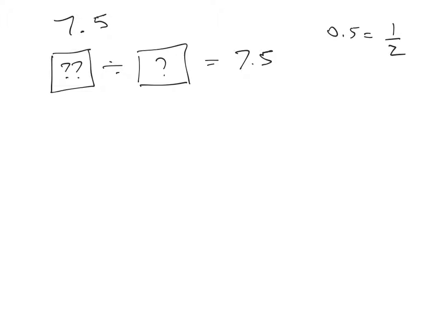So if I'm smart, I'll make a question where something is divided by 2. And the easiest one to do is 15 in this case. 15 divided by 2 is going to give me 7.5, sorry. So again, the context is important.